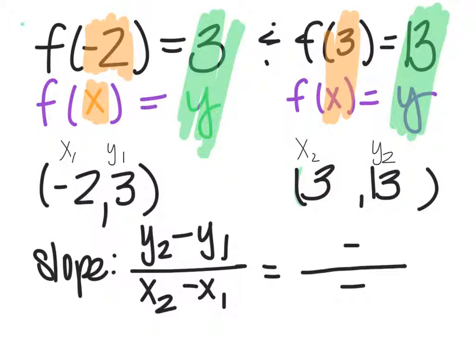So we decided that y2 was 13. So I'm going to put 13 first. And then we decided that y1 was 3. So I'm going to put -3 on top.